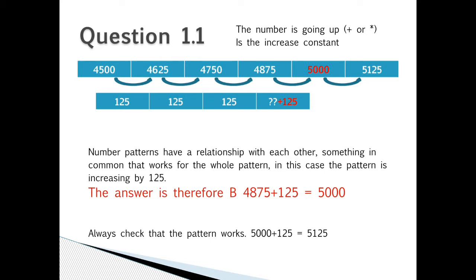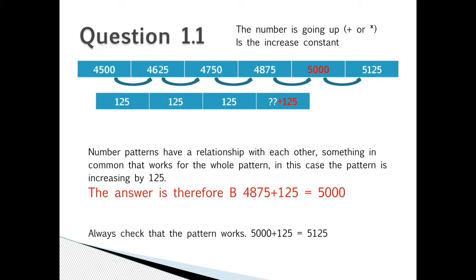In this case, the numbers are going up, so it will either be an addition or a multiplication. Then you need to ask, is the increase constant? In this case, the increase is 125 each time. Number patterns have a relationship with each other, something in common that works for the whole pattern. In this case, the pattern is increasing by 125.